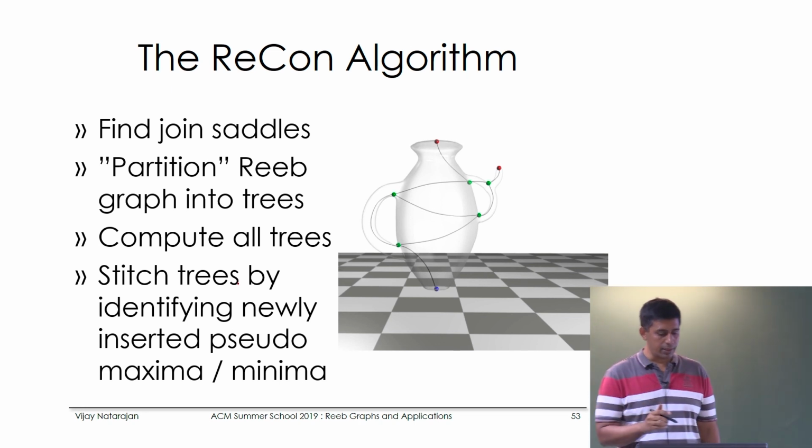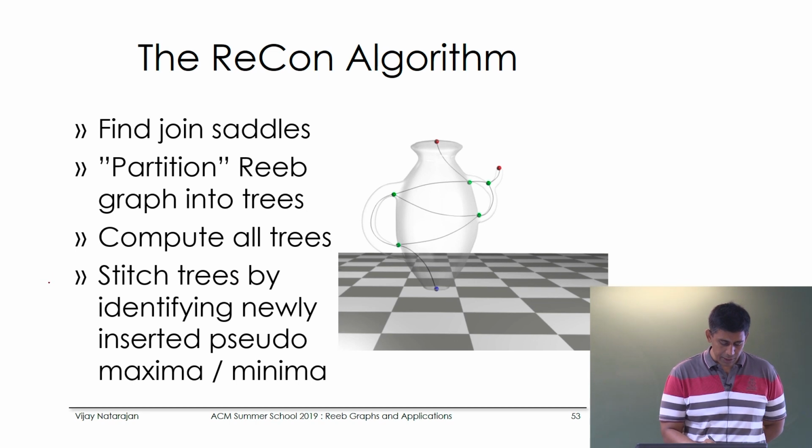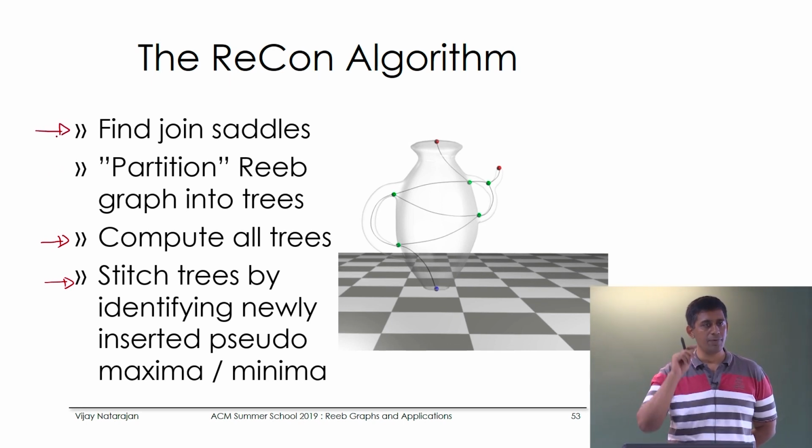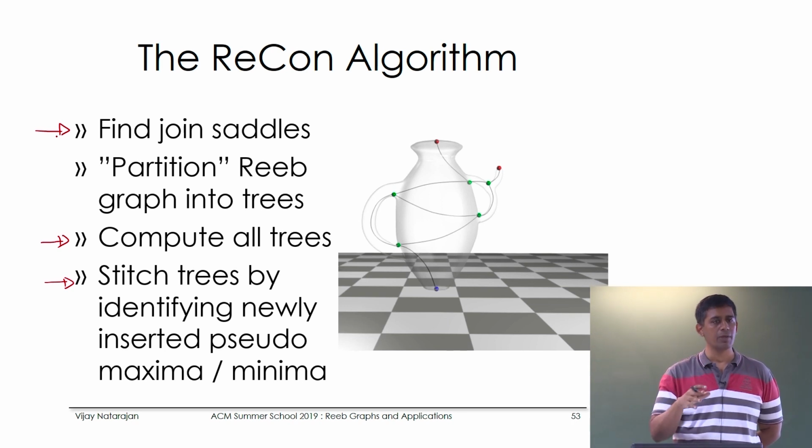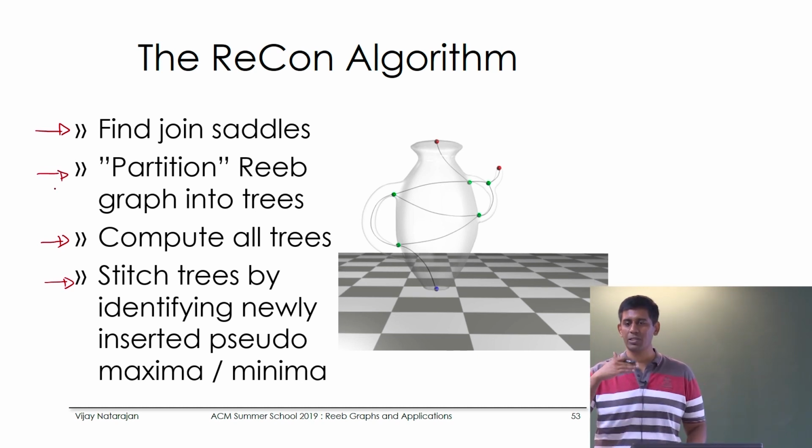All these operations, this operation, it takes linear time. This we know already is the same time as computing contour tree. This partition, this finding the joint saddle is just for each node you have to look at the neighbors, so it's also fast. This is the step that may take time. You have to partition it.